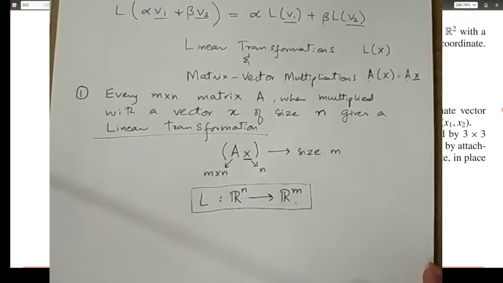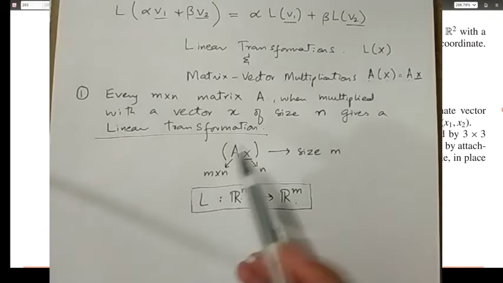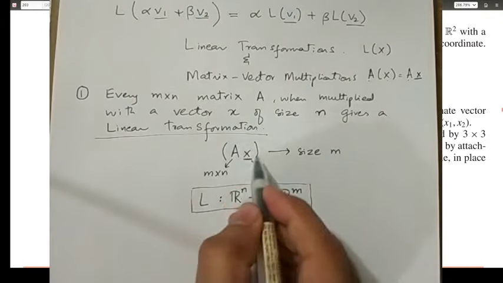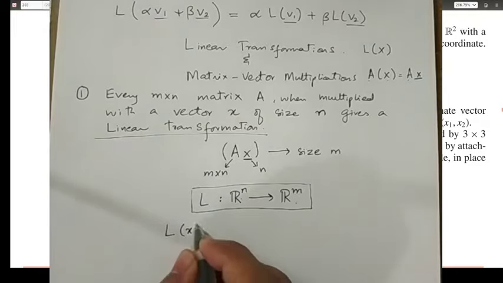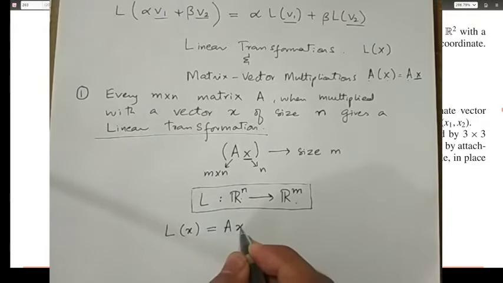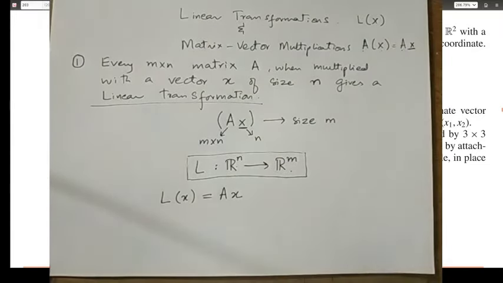And to establish this is very easy. The way you establish this is, of course, how do we check whether a transformation is linear or not? So if I say the transformation L of x is simply A times x, then it's easy to check that it's linear by the following method.